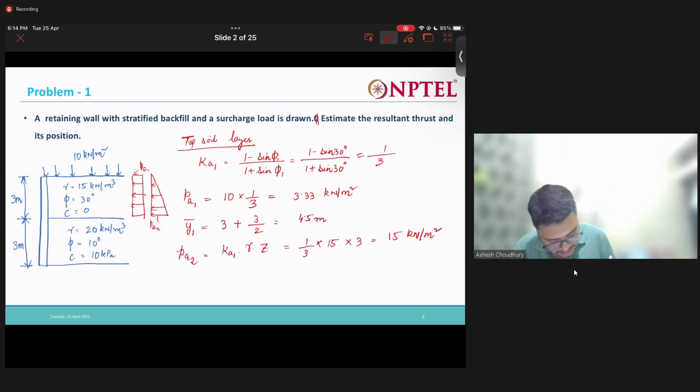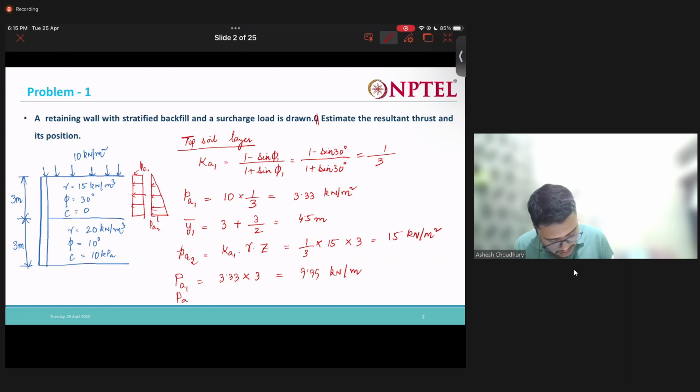Correct. So let us calculate capital PA1. It will be 3.33 into the height, 3, equal to 9.99 kilonewton per meter length of the wall.